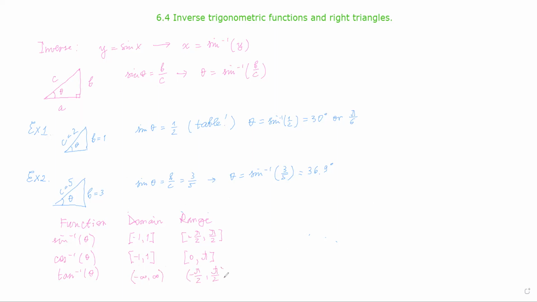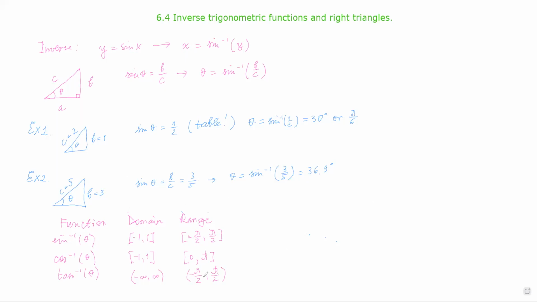It's almost like sine. The only difference is for sine, we do include negative pi over 2 and pi over 2. For tangent, no, because it's going to go to infinity. Remember that tangent of pi over 2 goes to infinity and tangent of negative pi over 2 goes to negative infinity, right?